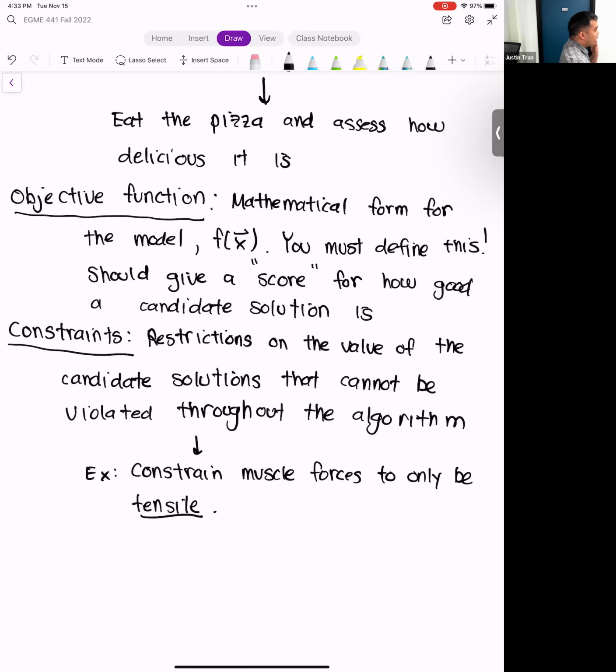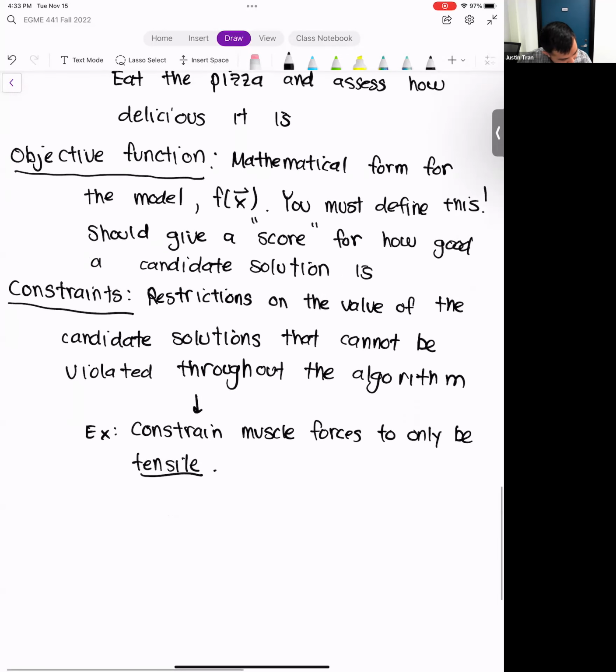All right. Now that we have an idea of how these optimization algorithms work and we've been introduced to the terminology, we're ready to formally introduce how to actually set up an optimization problem, the formal definition.